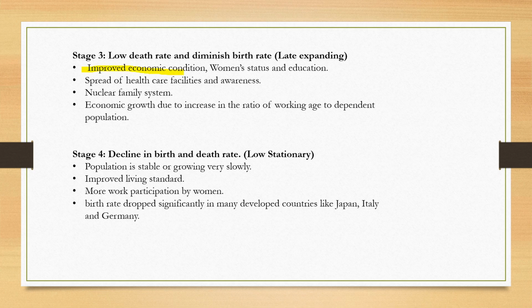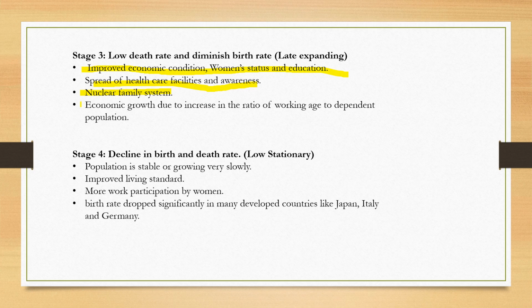Improved economic condition, women's status and education, spread of healthcare facilities and awareness, nuclear family system. The nuclear family system is only possible when women are educated and working, delivering fewer children. That is why this family system develops.